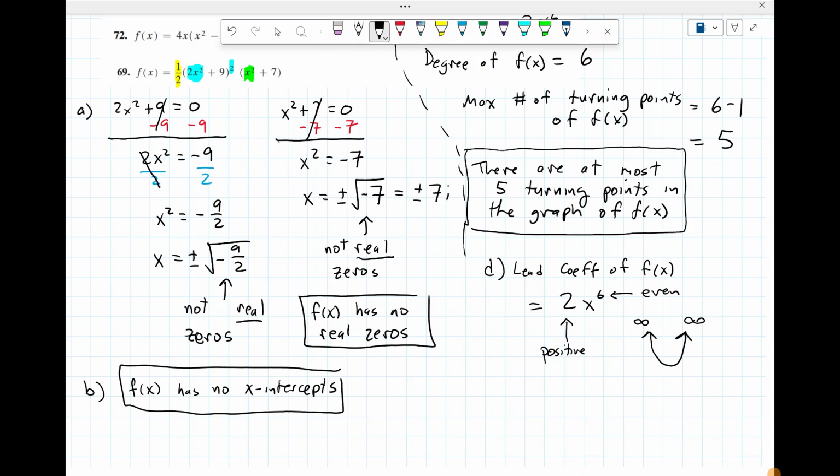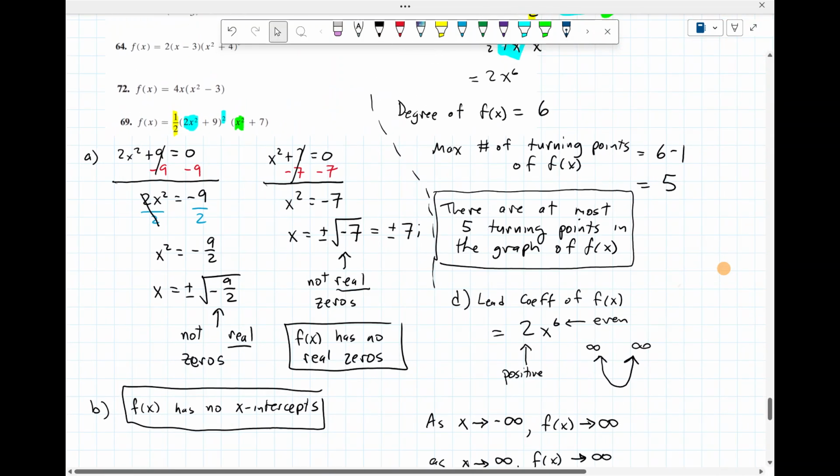Mathematically, as x approaches negative infinity, in other words as we go to the left on the graph, f of x goes up to positive infinity. As x goes to positive infinity, as we go to the right on this graph, f of x will continue to go up towards positive infinity. And we are done with this problem.